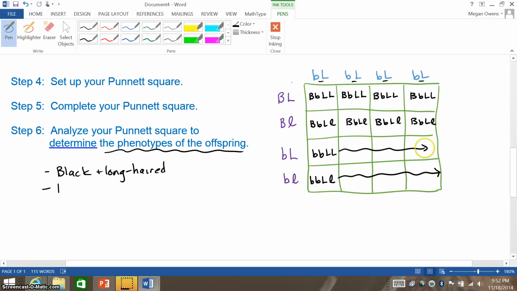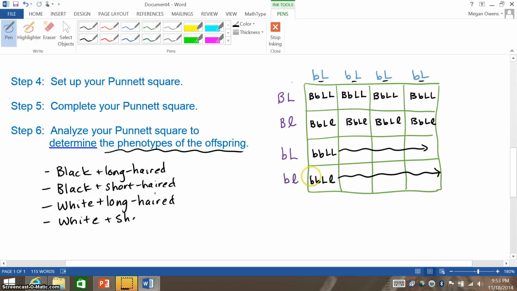They could have the black dominant trait, but then be short-haired. They could have the white-haired recessive trait, but have the long-haired dominant trait. Or they could have both recessive traits and be white and short-haired.